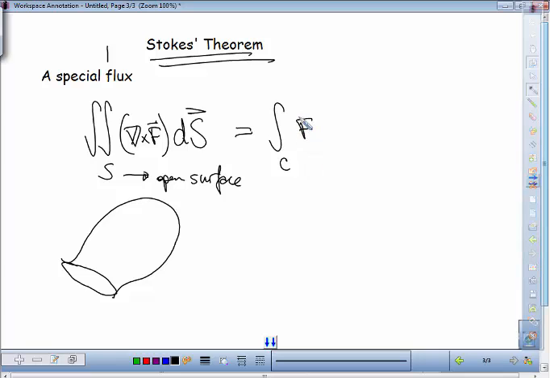Instead of taking the flux of the curl, we're going to take the line integral of the original vector field, dS. There are some dot products here that I can make more obvious. These are both dot products.